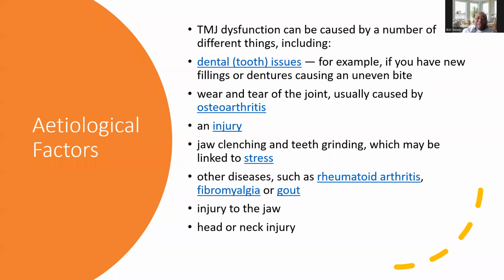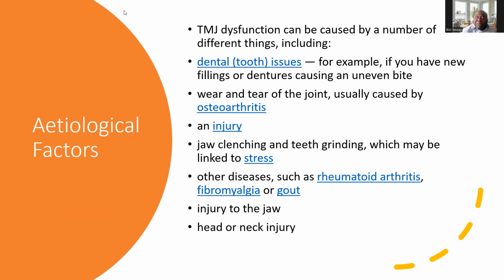Right. So it can be caused by a number of different things. It could be a dental issue. If you have a filling done, or a crown or something they've put on your tooth isn't in line properly and you're hitting on it first, it can cause this.